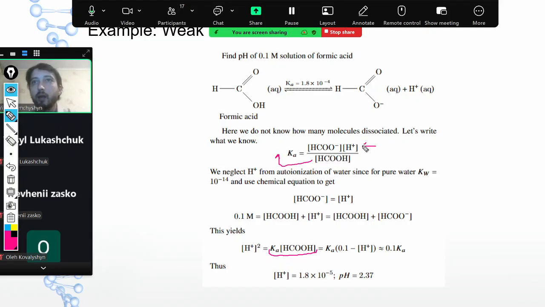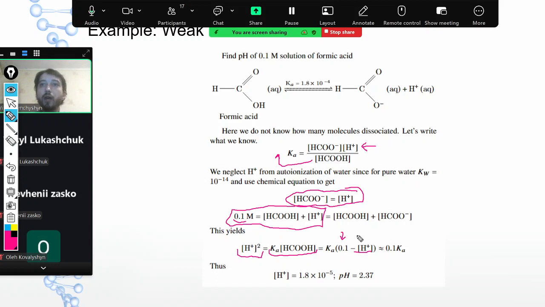And this thing up here, I used this equation to transform that into H plus squared. So here it is. So nothing special happened. Now I say that the undissociated part is basically what we had in the beginning, 0.1 minus H plus, basically this part of the equation. So this is what I use. And this concentration is pretty low, so I can neglect that and say that it's 0.1 Ka, and I do the math, I get this thing.